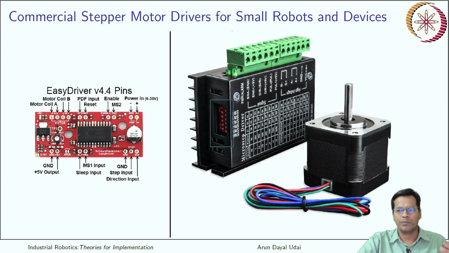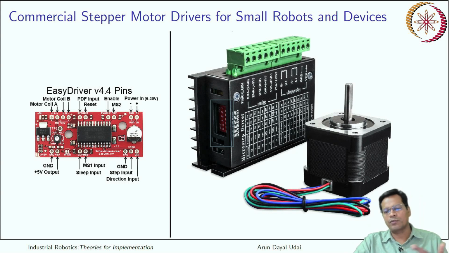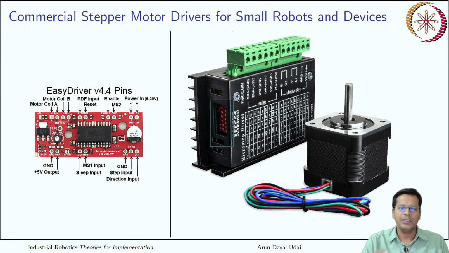You can do everything from here, or you can directly control it using the direction bit. You don't have to take care of 4 wires, you just address the pulse bit: one high pulse for one tick, one position shift, another high pulse, another shift. So pulse rate will determine the velocity, and every pulse will move it by one incremental displacement. This is a type of driver which is there.